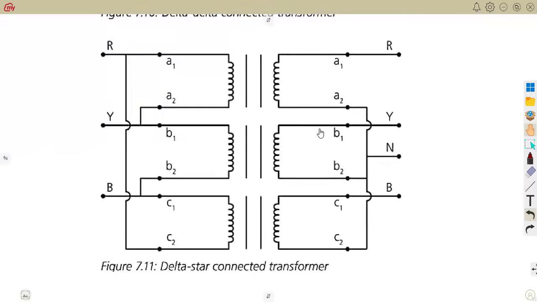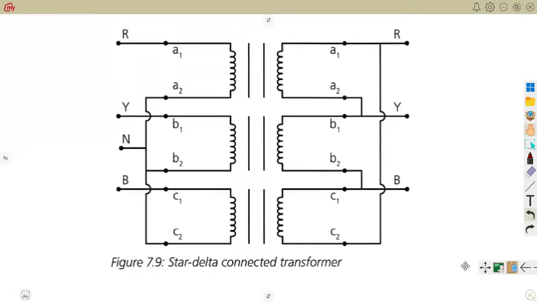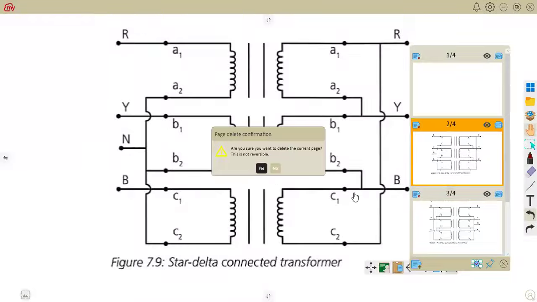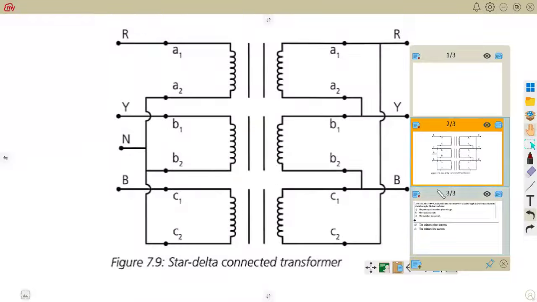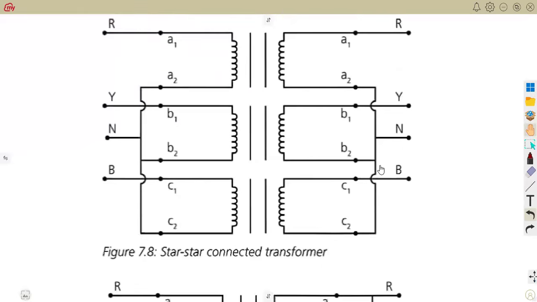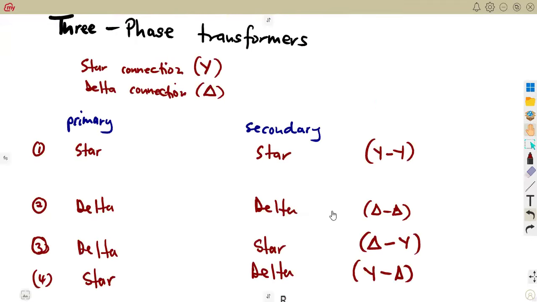That is what you need, just to understand your typical connections as they are presented.